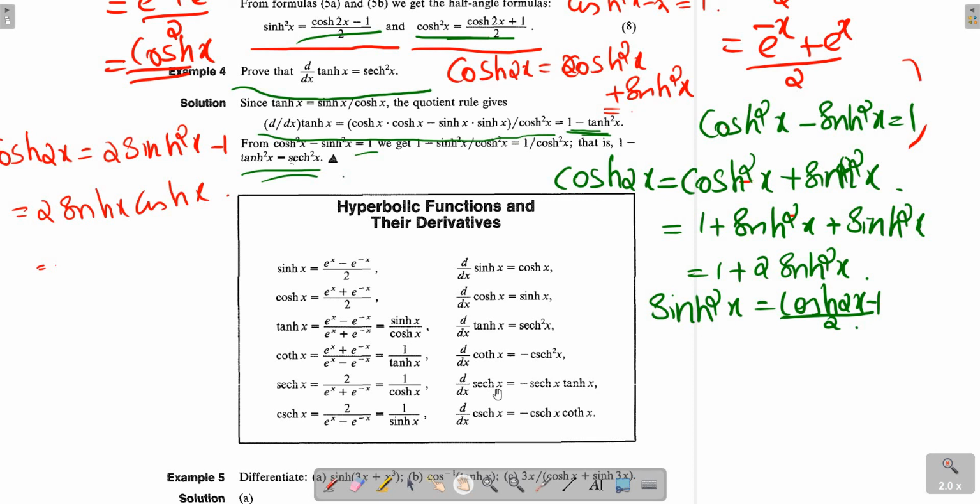The derivative of hyperbolic sec is equal to minus hyperbolic sec into hyperbolic tan. And the derivative of hyperbolic cosec is equal to minus hyperbolic cosec into hyperbolic cot x. Okay, so from these definitions we can easily find these derivatives. Next problems we can discuss in the next class.